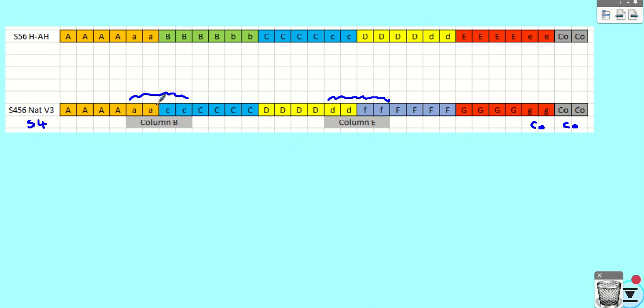You've got the same issue. If there's a National 5 S5 pupil in here, they cannot be doing higher in A, they cannot be doing higher in C. Same here, if there's a National 5 S5 or 6 pupil in here, they cannot be doing higher in here, they cannot be doing higher in here.